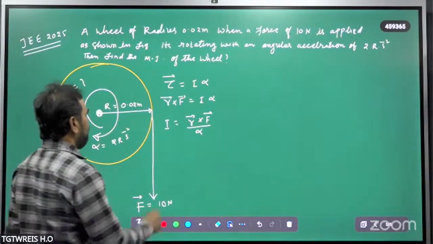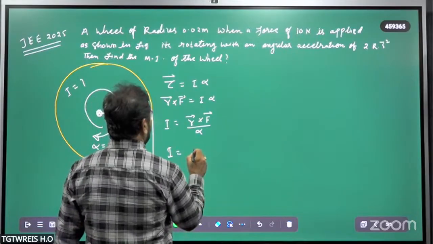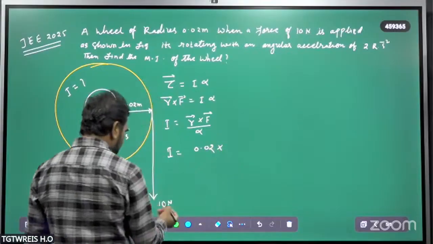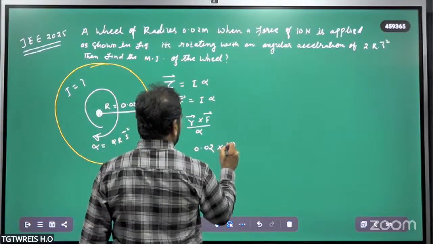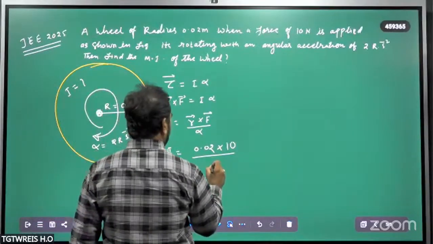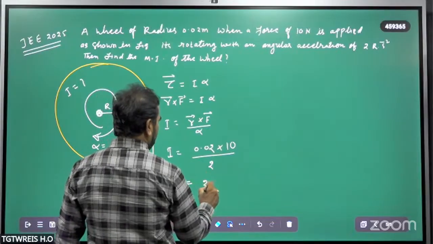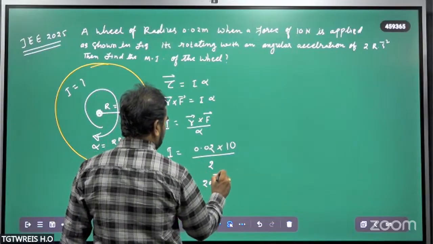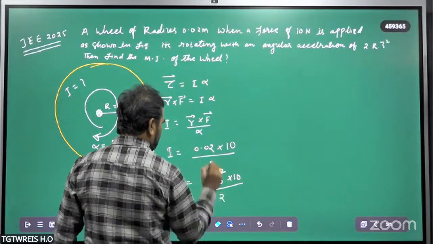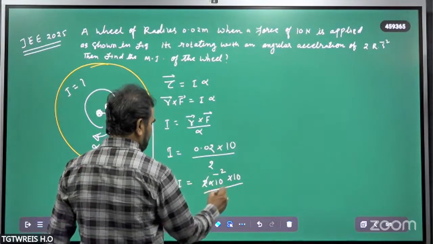Therefore, what is the value of I? R was given as 0.02, F was 10 newtons, alpha was given as 2 radian per second square. So I is 2 into 10 to the power of minus 2 into 10 upon 2. Is it clear? The 2 gets cancelled out.